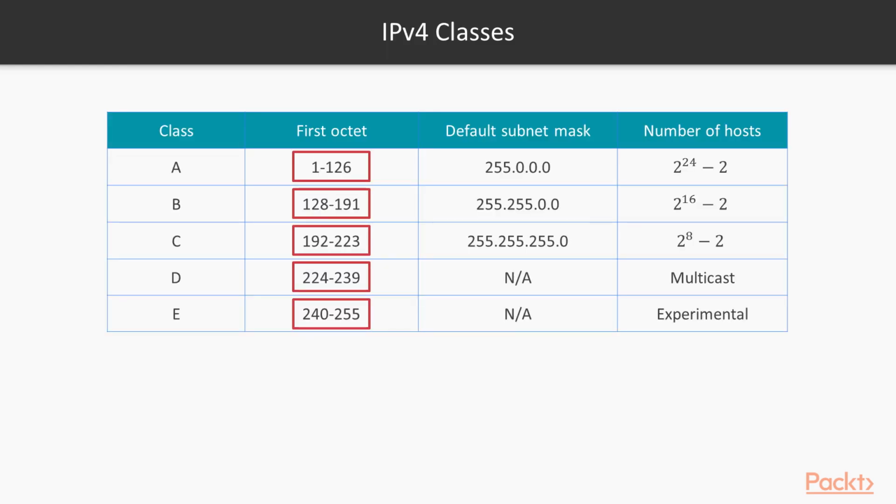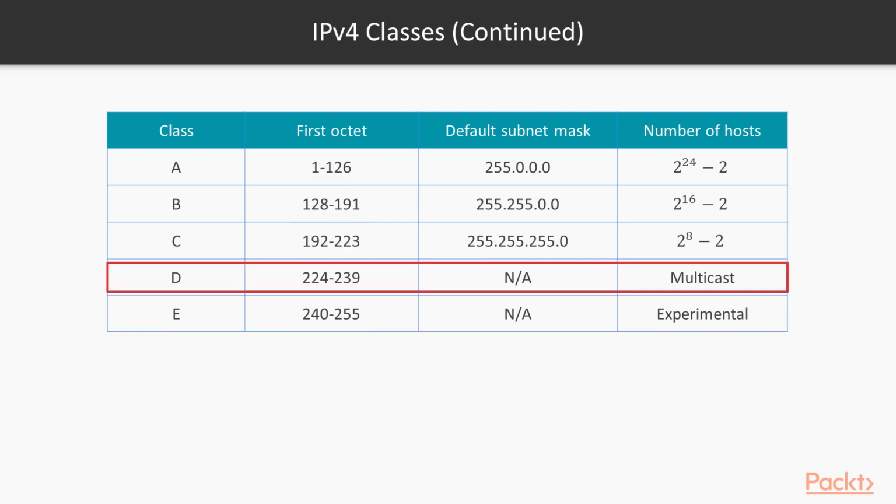IPv4 has 5 classes. In the early days of TCP/IP, we were bound to use these classes and their default subnet masks. But after the introduction of CIDR, which I will talk about later in the next videos, we were free to use the desired mask. This is the first octet that determines the class of your IP address, and you can see the different ranges.